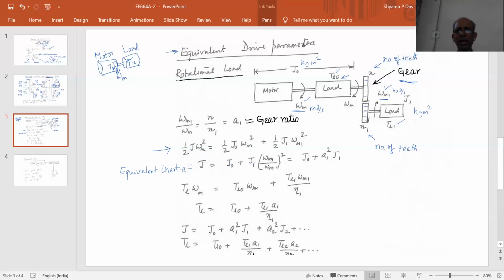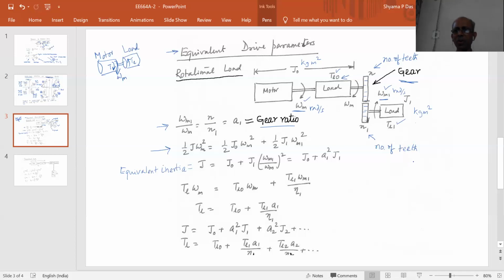Now we have already defined a gear ratio. The gear ratio A1 is the number of teeth of the primary side or the motor side, n, divided by the number of teeth of the load 1 side, n1, and that's equal to omega m1 by omega m. So the number of teeth and the speed are inversely proportional.